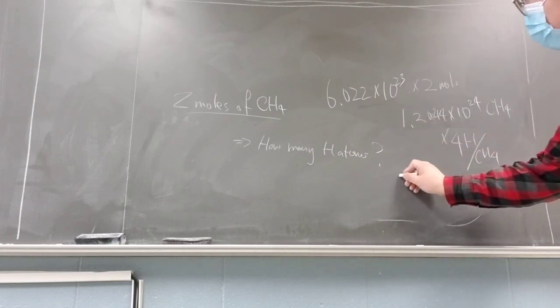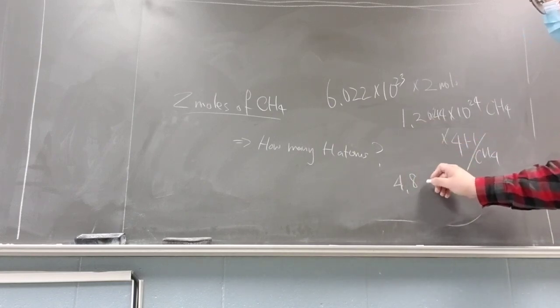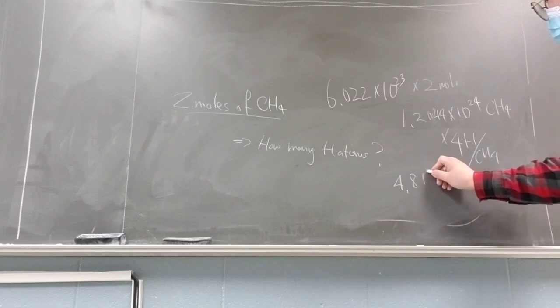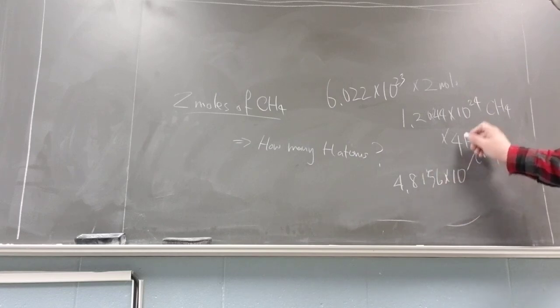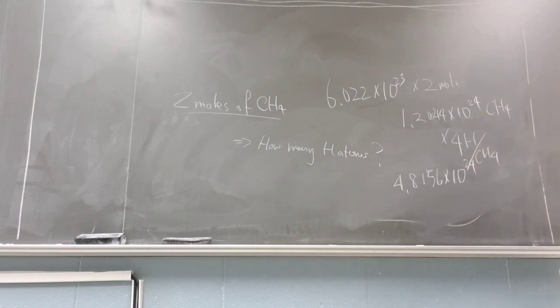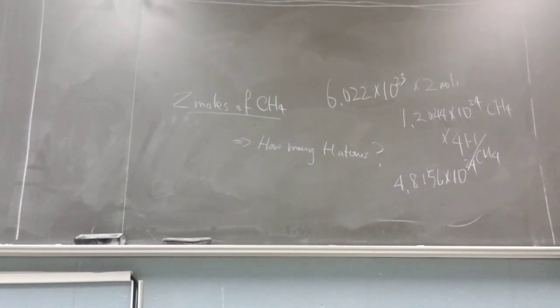So that would be 4.8156 times 10 to the 24. So you have this many hydrogens. Makes sense, right? Good.